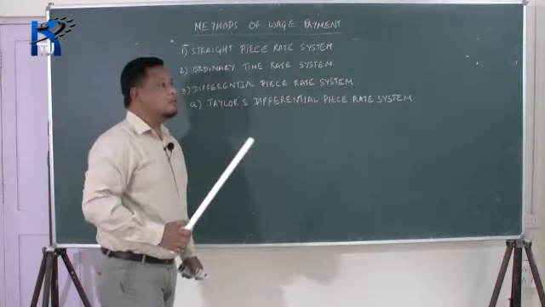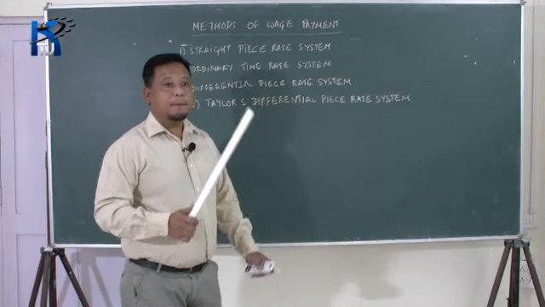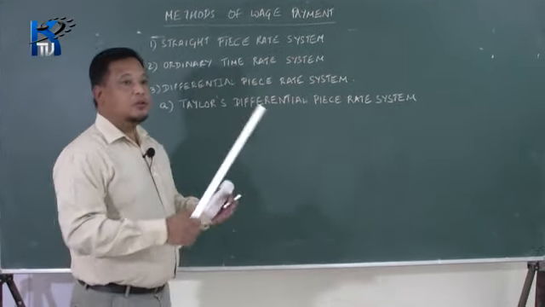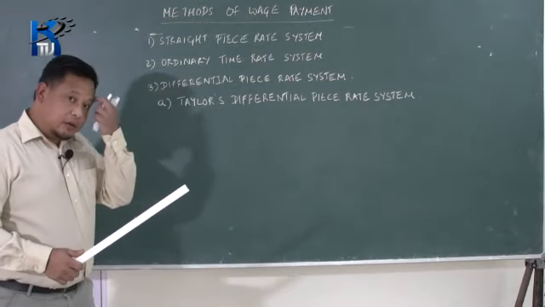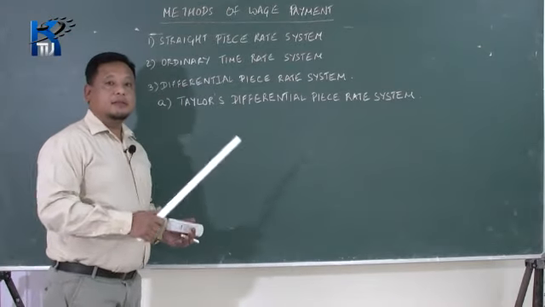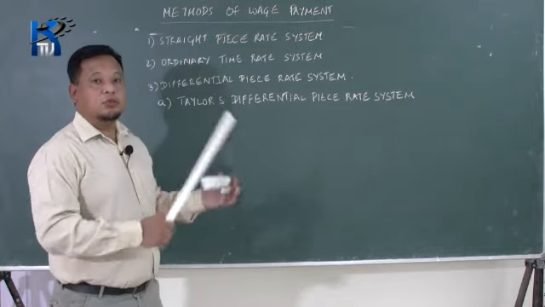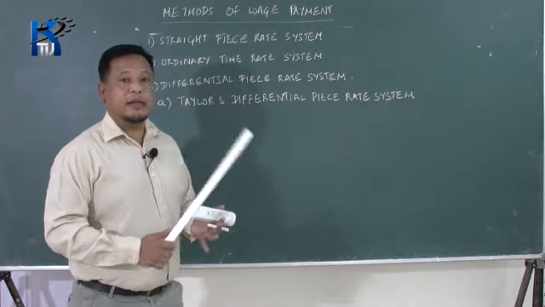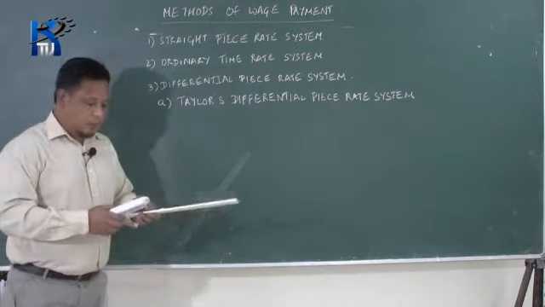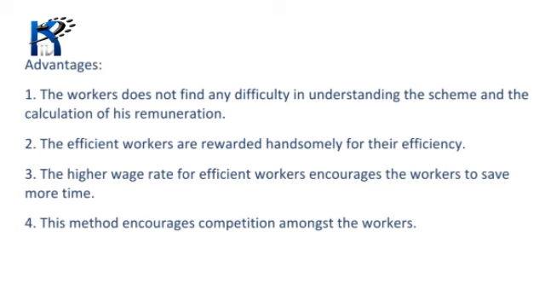So what this system promotes is that efficient workers should be rewarded for their efficiency, whereas inefficient workers should be penalized for their inefficiency. So we will go to the advantages of this system. The main advantage is that the method of paying remuneration is simple.